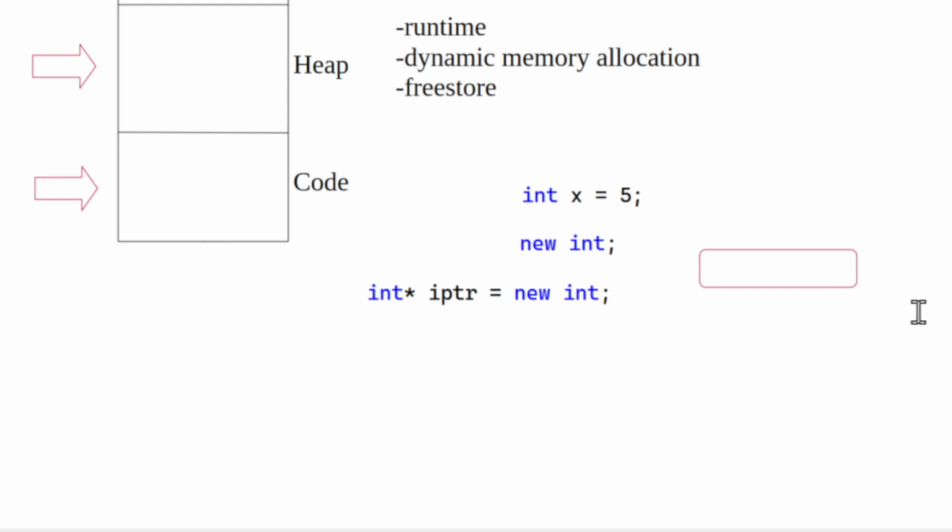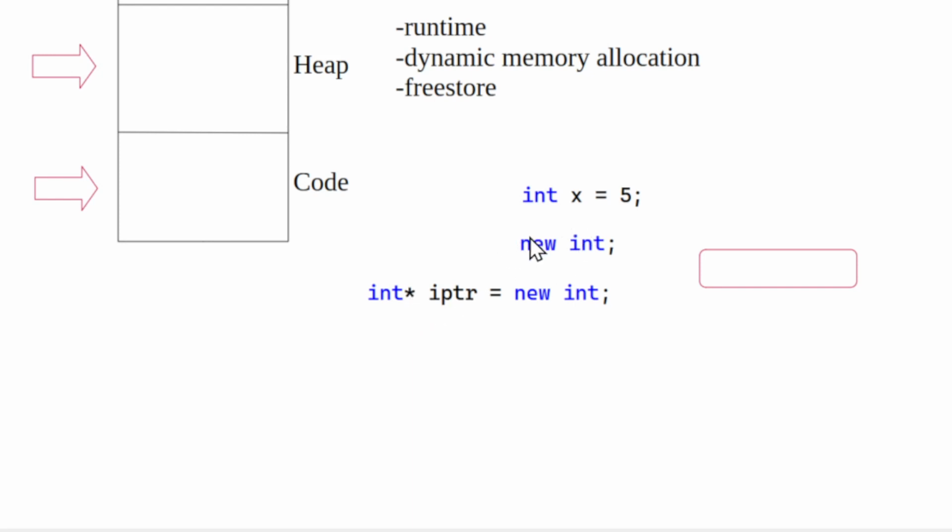If you don't release it, and this IPTR is a pointer which is in static memory, if it goes out of scope and this identifier no longer exists, now you don't have anything.